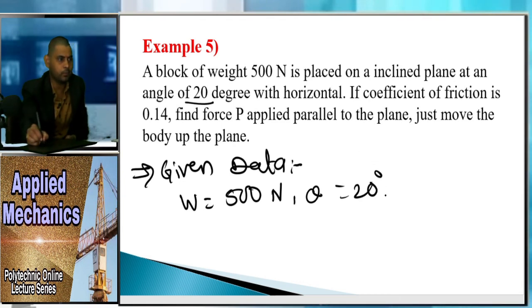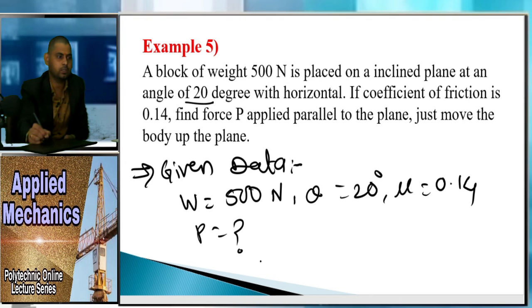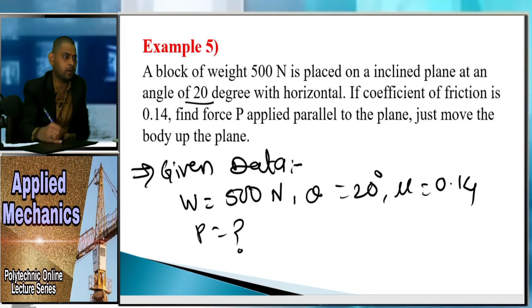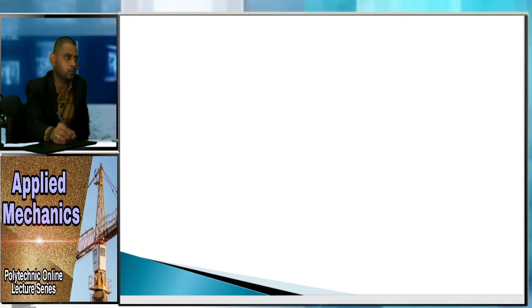After that mu is given, that is 0.14. And what it asks is to find the value of P, right? So step number 1 is to draw the FBD. Step 1.